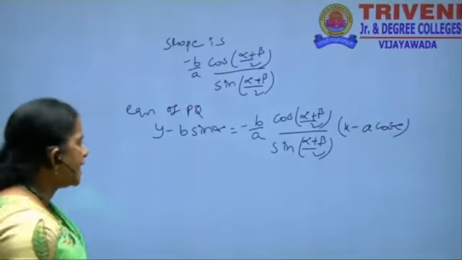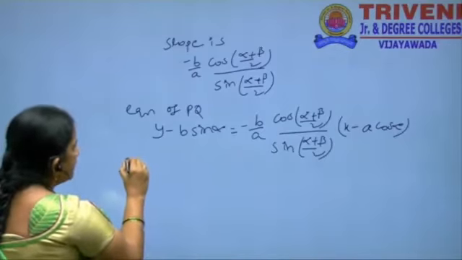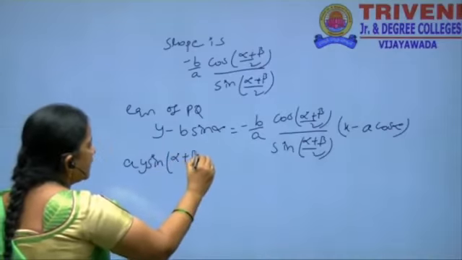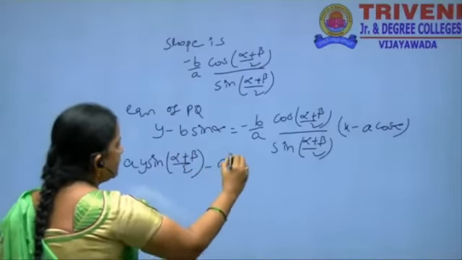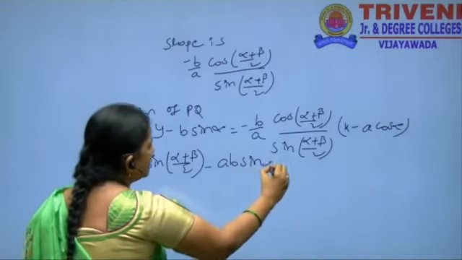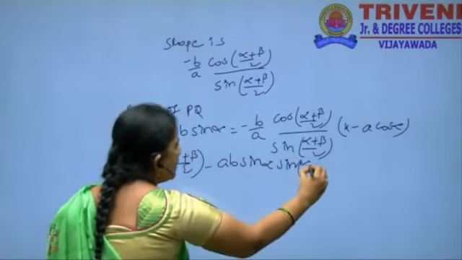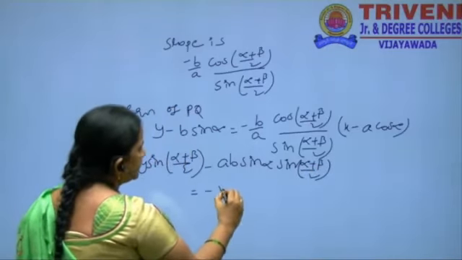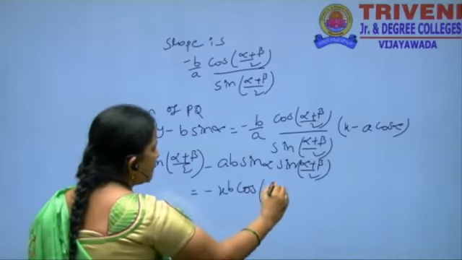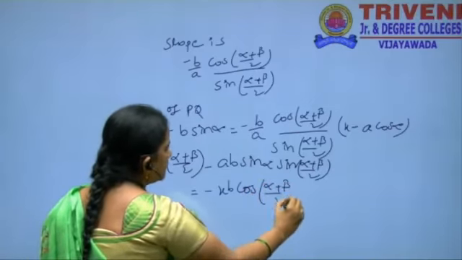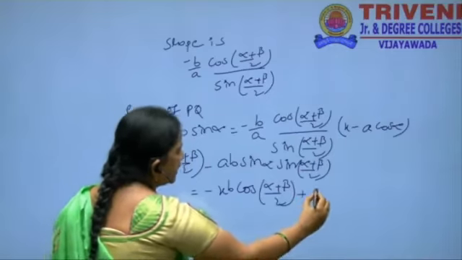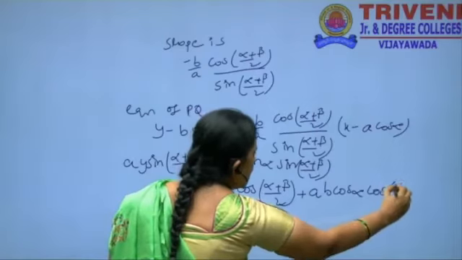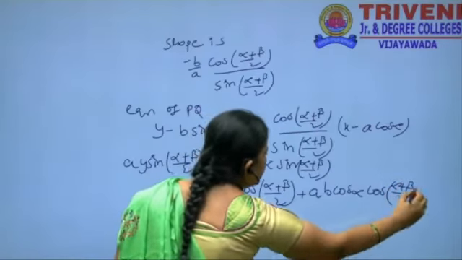Then it can be rearranged as, we get ay sin of (alpha plus beta) by 2 minus ab sin alpha sin of (alpha plus beta) by 2 is equal to minus xb cos of (alpha plus beta) by 2 plus ab cos alpha into cos of (alpha plus beta) by 2.